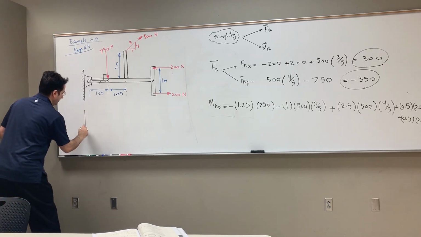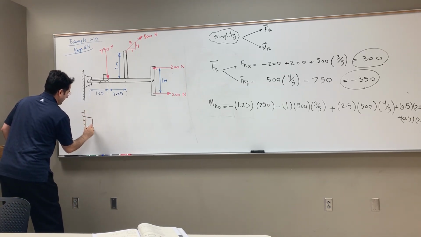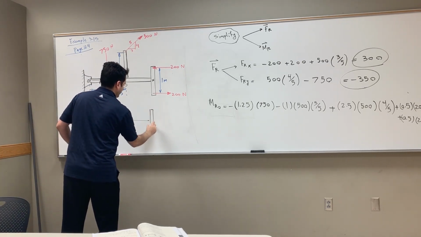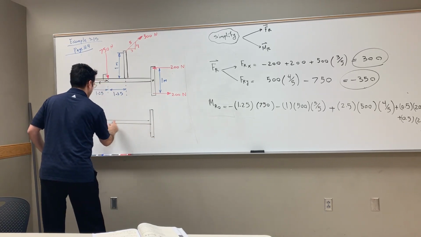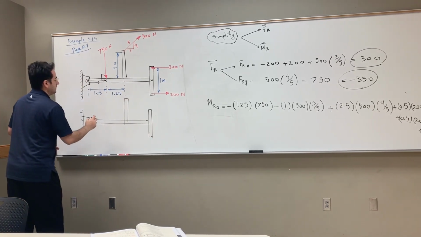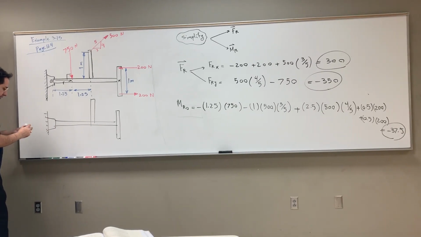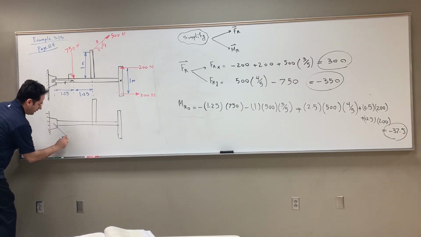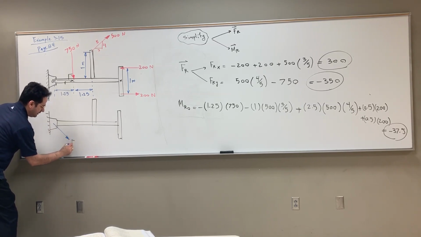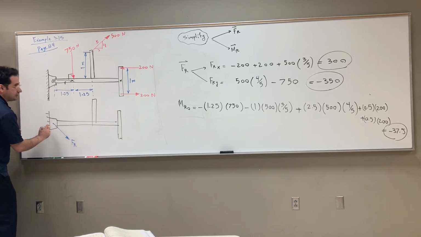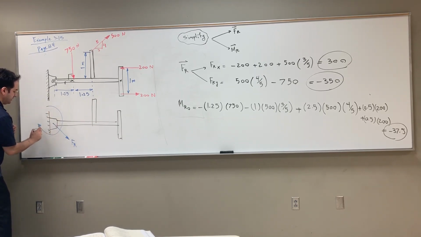So instead of always staying here, I put a resultant, F resultant, right? And then I put a moment. It's negative, so it goes this way.